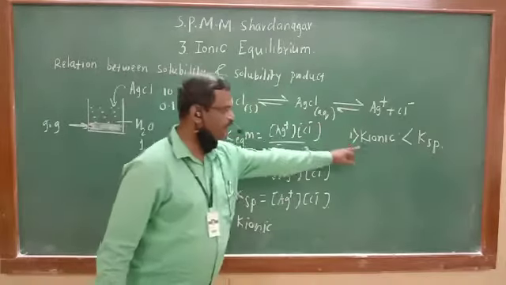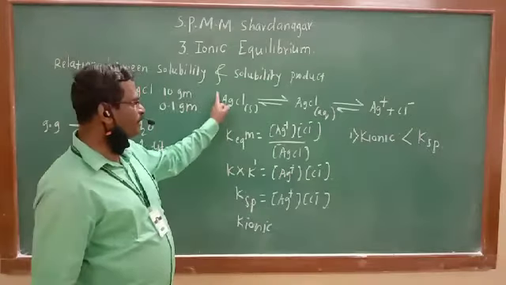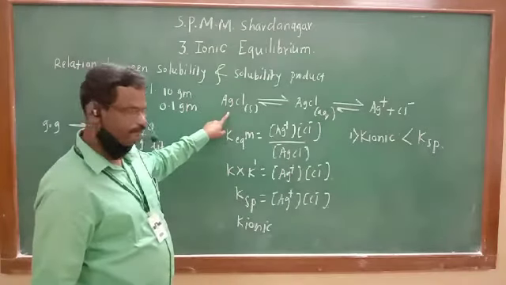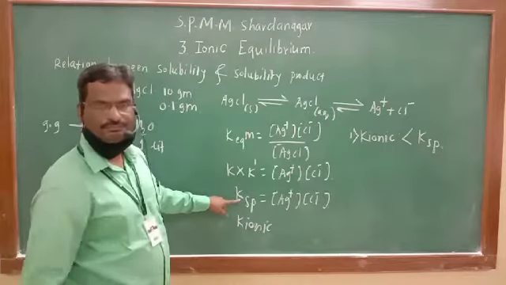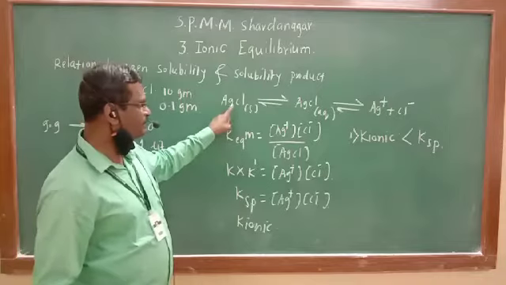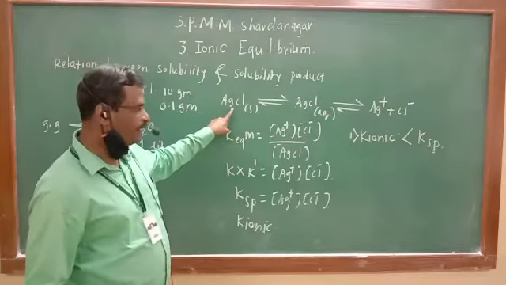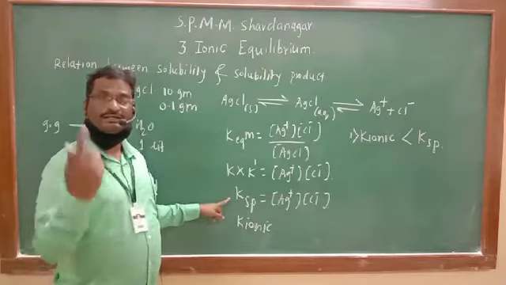Ionic product is less than solubility product. See what happened. Ionic product is nothing but the solid concentration, and solubility product is the quantity dissolved.